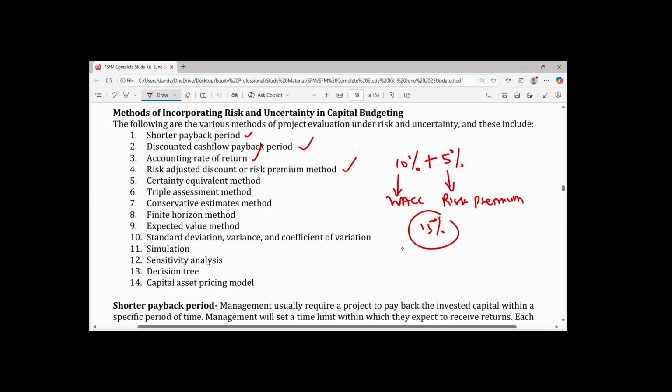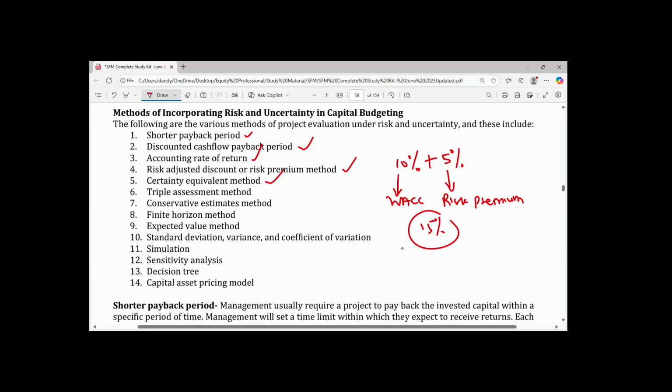All right. Then number 5 is the certainty equivalent method. The certainty equivalent method is a method that relies heavily on an equivalent factor when appraising a project. Whenever you want to calculate net present value using the certainty equivalent method, you are supposed to multiply the cash flow generated by the project with the certainty equivalent factor and then the discount factor in determining the present value.